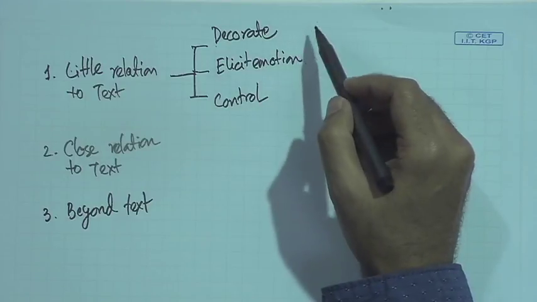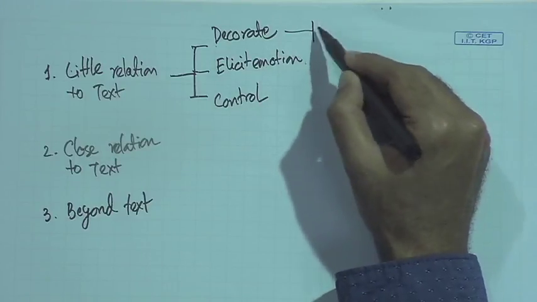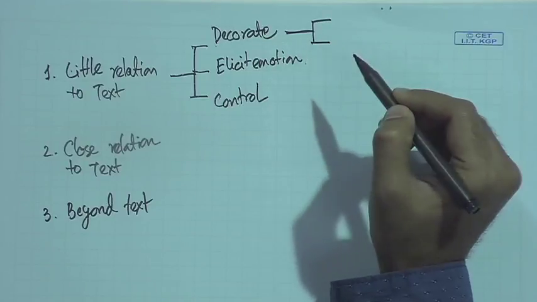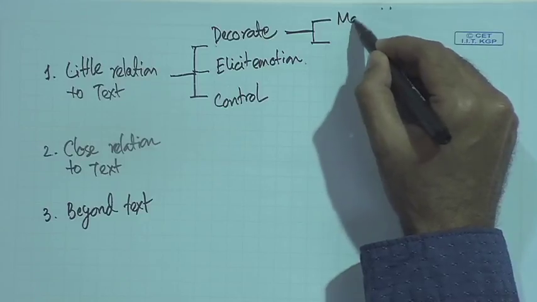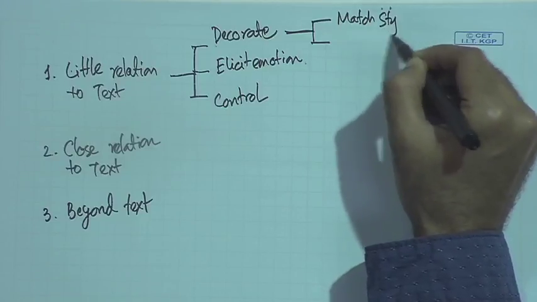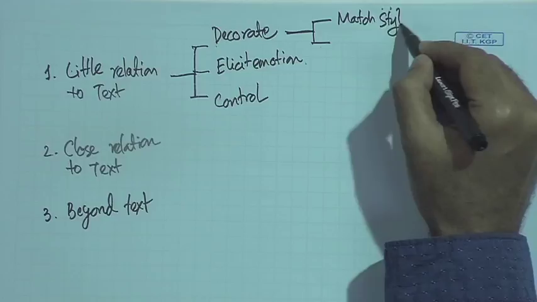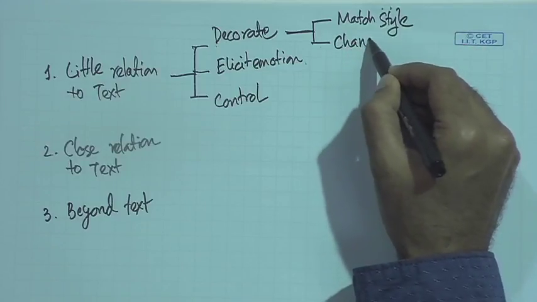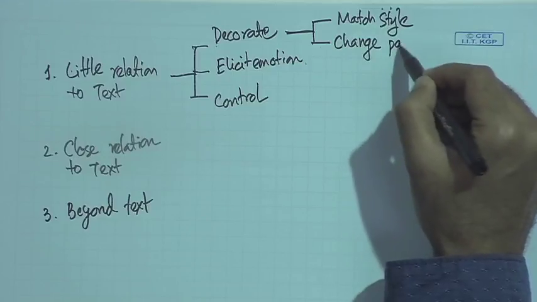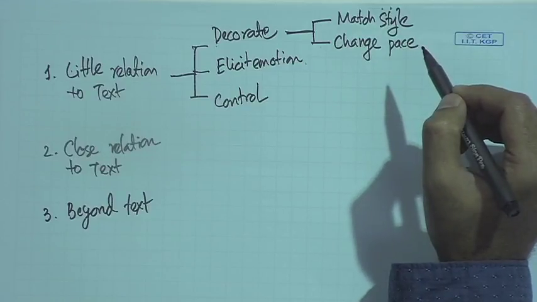So, now coming to decorate, if we look at what are the possible ways of decorating, you change, you match this style. So, there is a case of stylization which we talked about, or you change pace. So, here we use decorations.